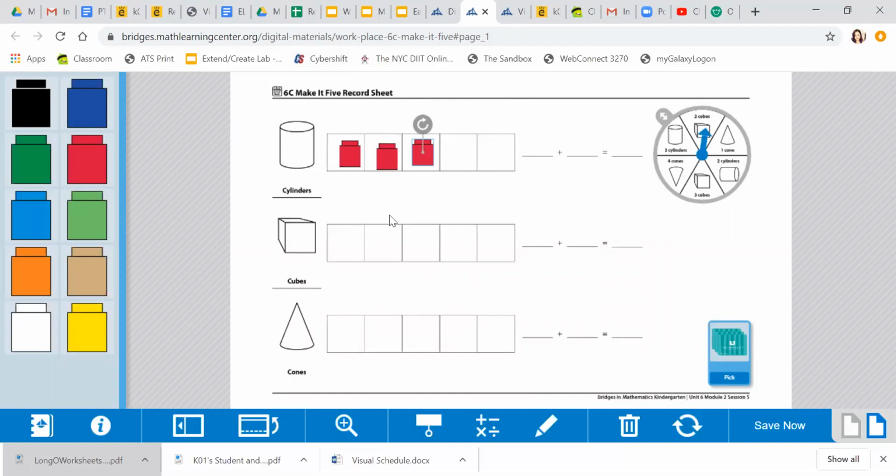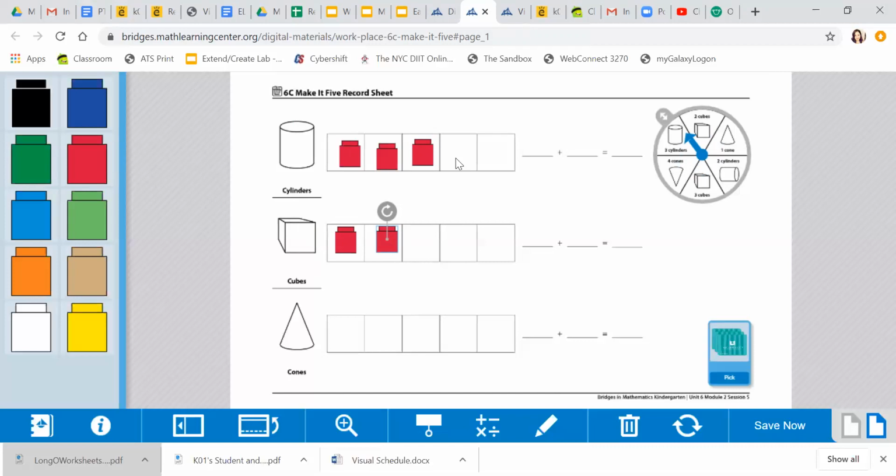Okay, so now let's go down to cubes. Here's my cubes, right? That's a 3D shape, remember? And we are going to go and put 2 counters on. Okay, let's see. Oh, 3. You know what? 3 cylinders.